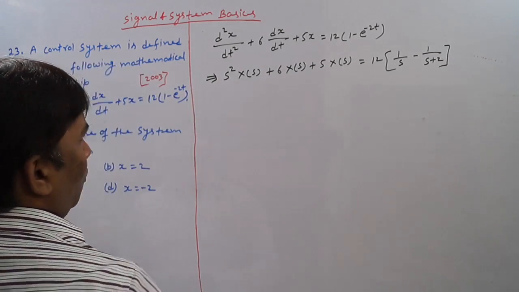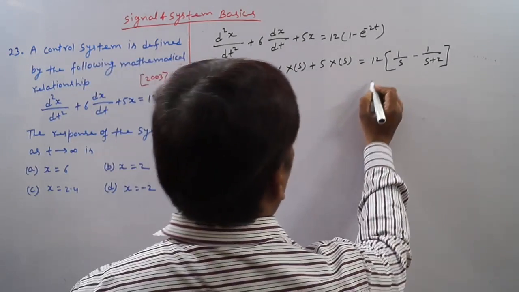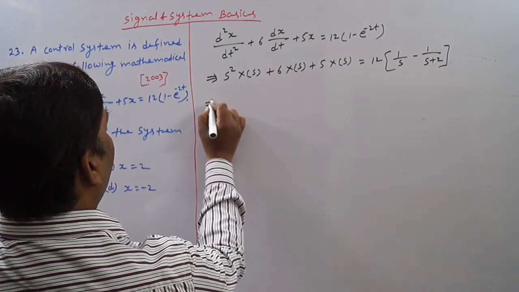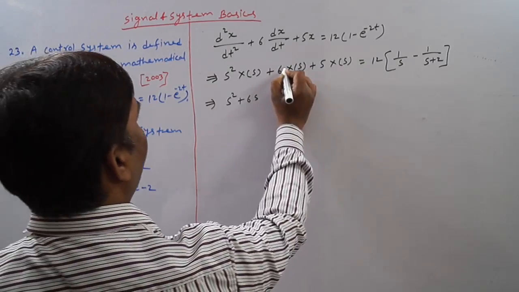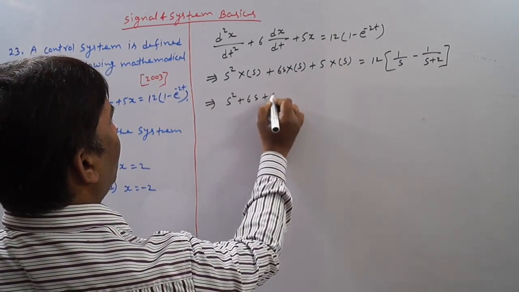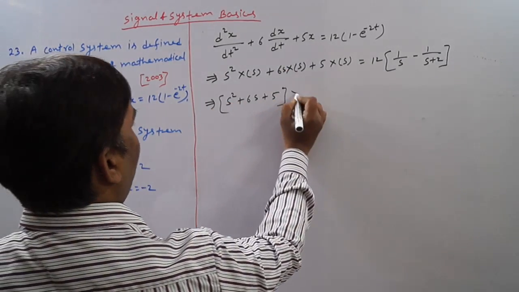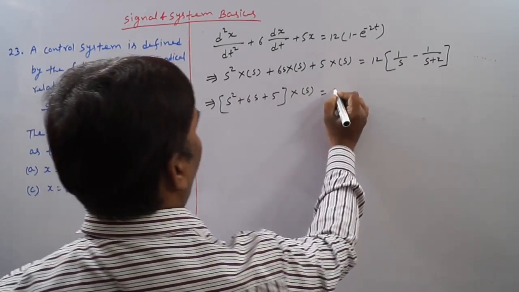So now we can write here, this will be s square plus 6s plus 5 multiplied by Xs, and here 12.